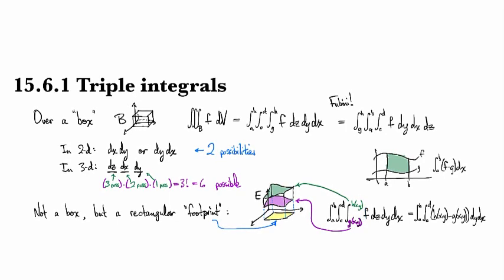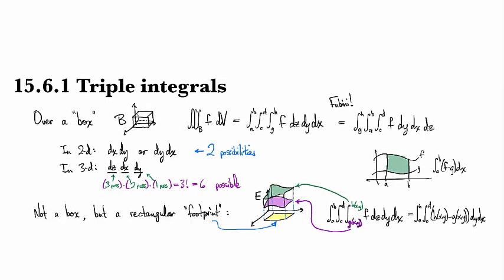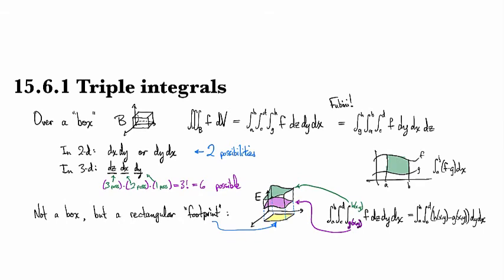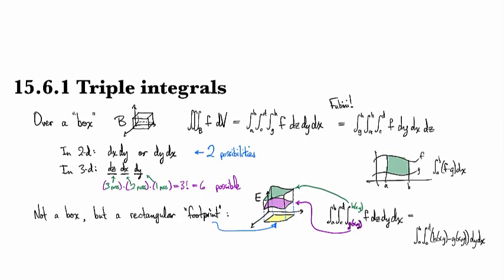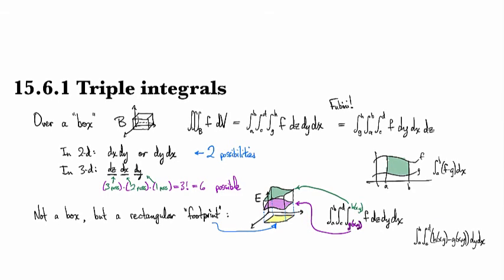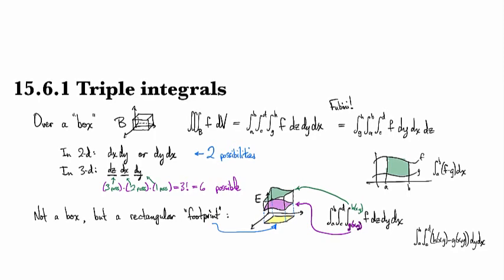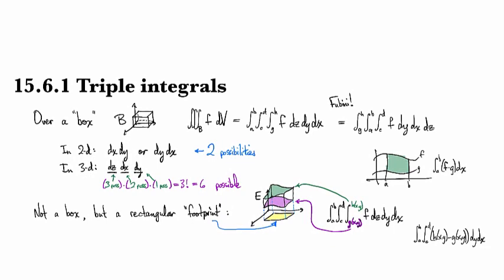And if we remove the requirement that the integrand be equal to 1, well, first off, I should probably move this because that's no longer going to be equal to it. But now maybe F represents the density of this object, and now we can find out something that we couldn't do with just double integrals.